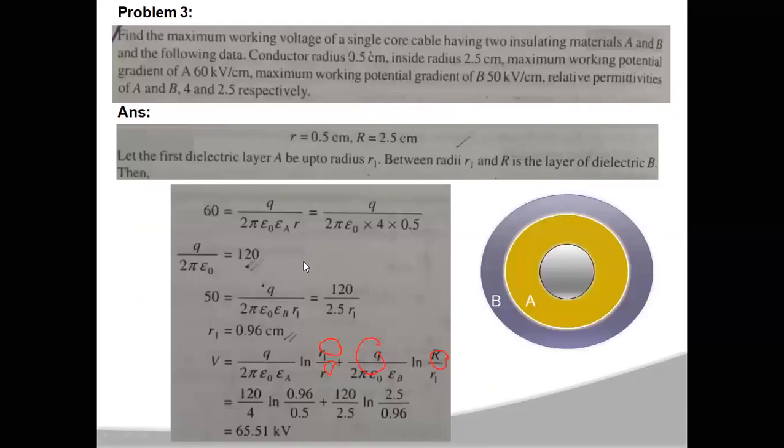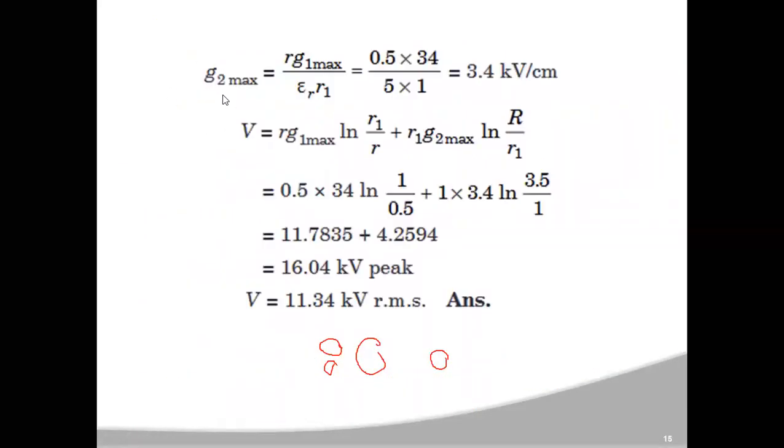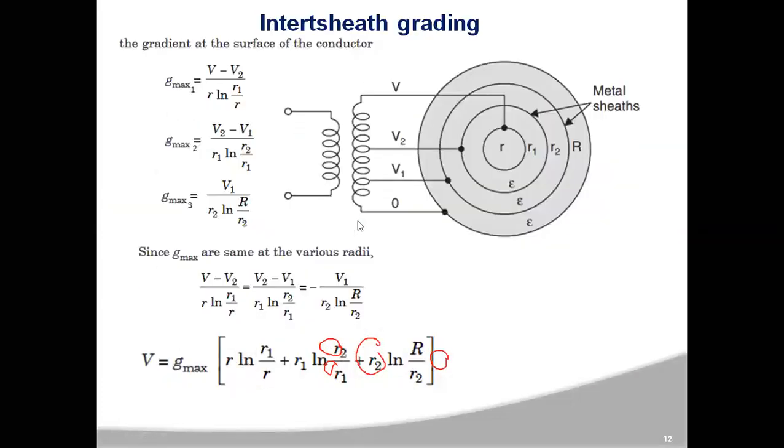Another thing here is that when you use intersheaths, the Gmax value can be written with these expressions. Gmax 1, if you consider the first layer, has a voltage V at this surface and voltage V2 at the next. Between the first layer you will have an operating voltage of V minus V2, so V minus V2 by r into ln R1 by r.